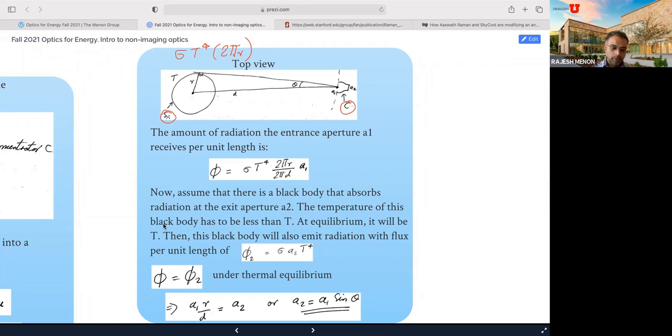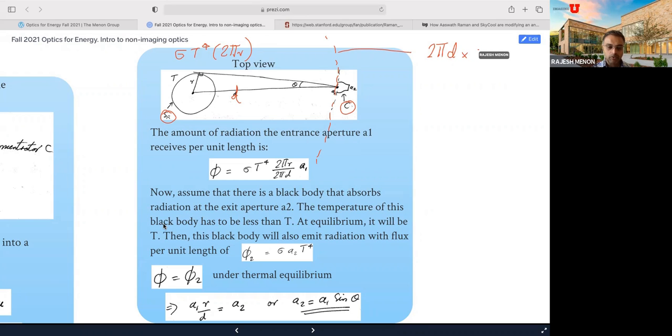Now, of course, if you look at some distance way out here, which has the distance d as shown here, small d, I have an area of a cylinder on this surface of 2 pi d times its length.